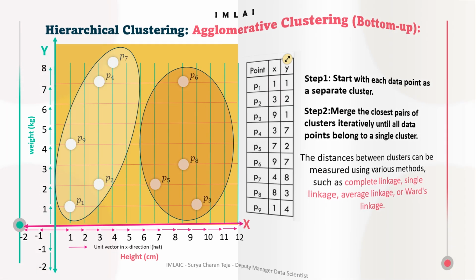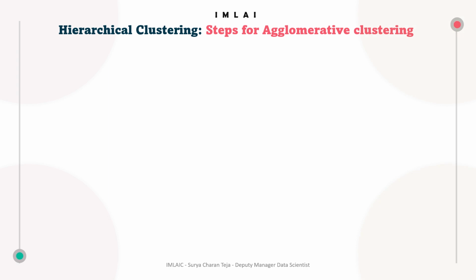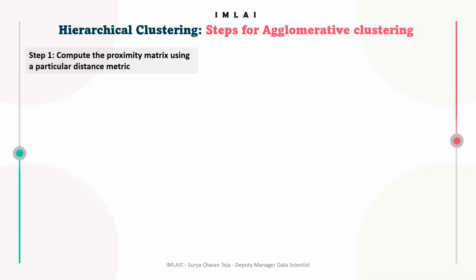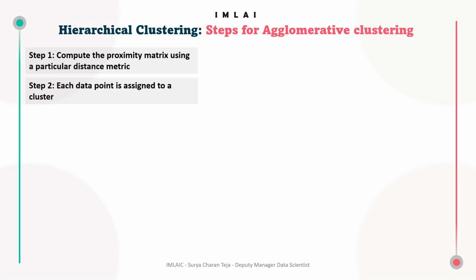Now let's move on further. Let's look into the steps for agglomerative clustering in totality. Step one, compute the proximity matrix using a particular distance metric, which could be Euclidean distance or Manhattan distance.